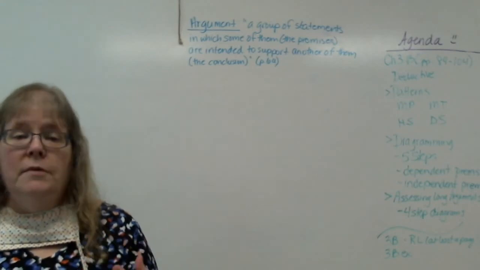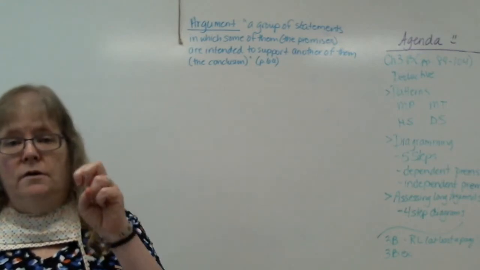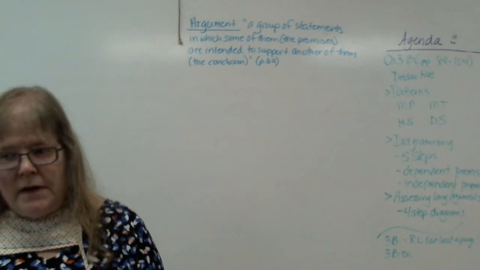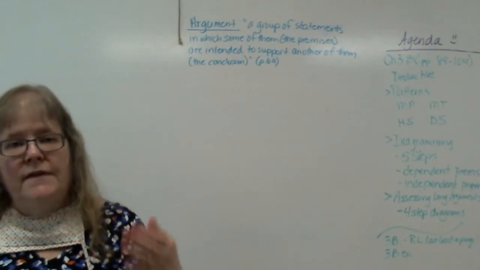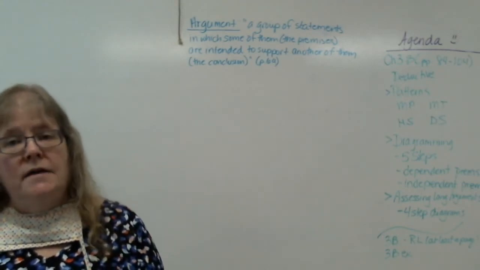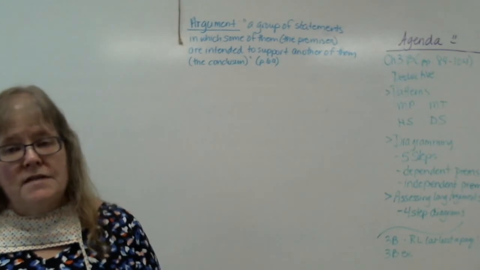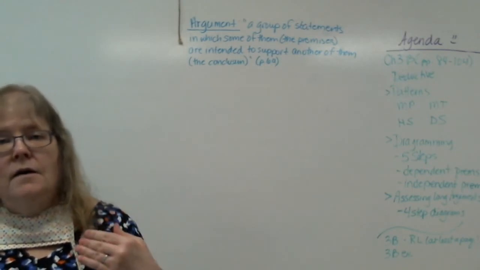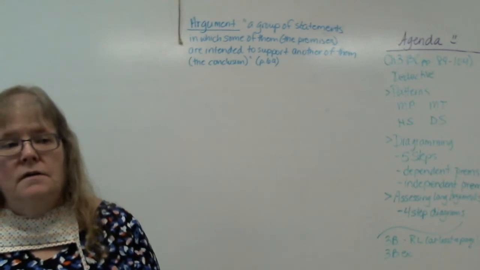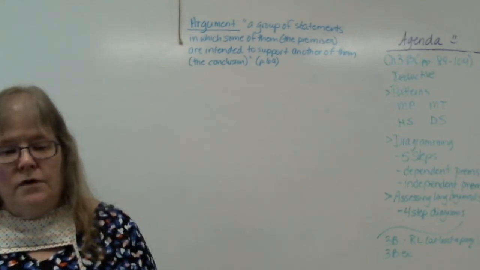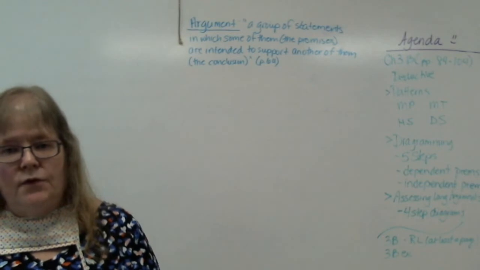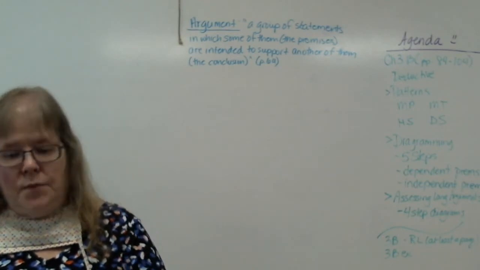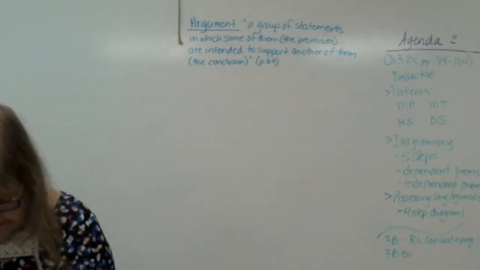Now, normally when we see these in the wild, it's going to have more stuff with it than just this. But for now, we can look at things this way and go, oh, I can see that pattern. A lot of times our deductive arguments will use 2 or 3 of these different formats to get the point across. So it's okay.